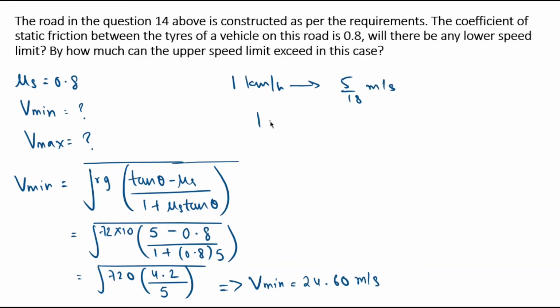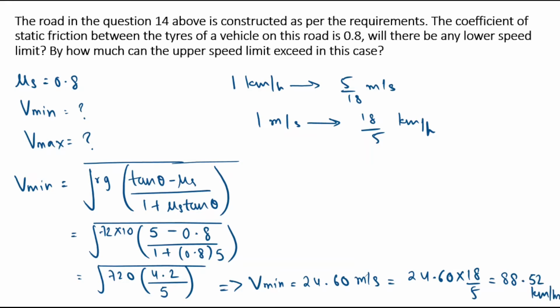So obviously 1 meter per second will be 18 by 5 kilometer per hour, right? So to convert this meter per second into kilometer per hour, multiply it with 18 by 5. So this will be 24.60 into 18 by 5, which will be equal to 88.52 kilometer per hour.